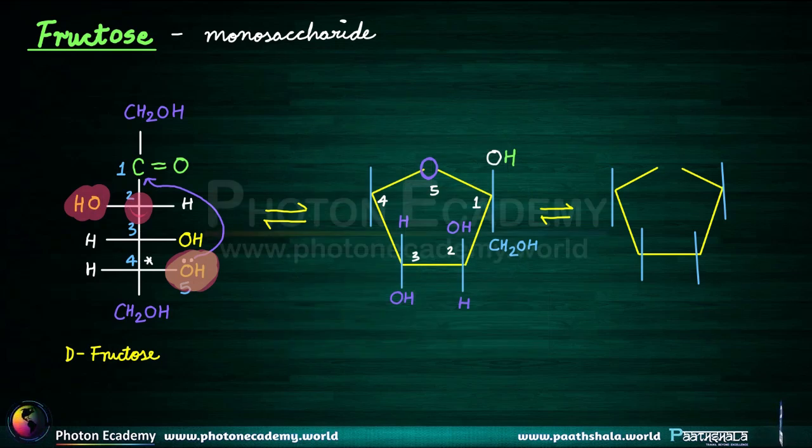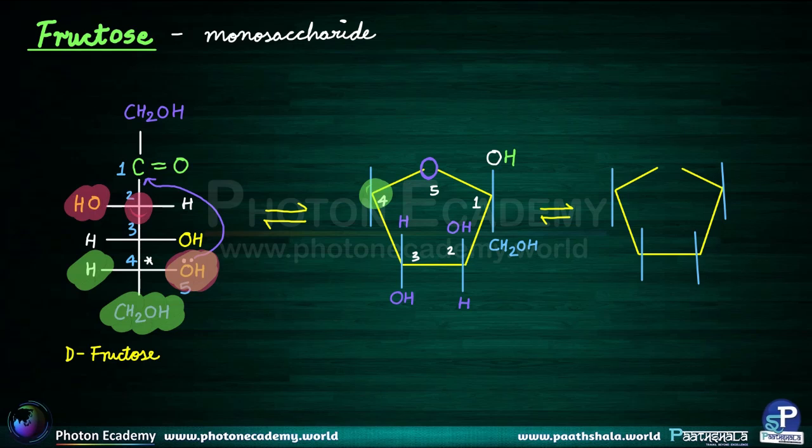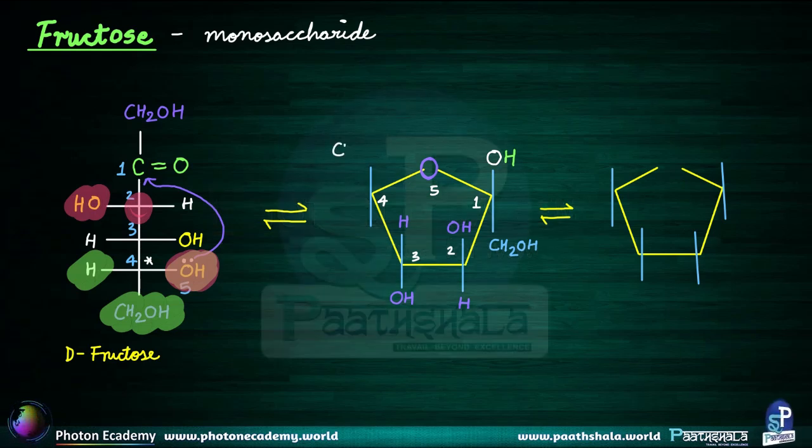One is the CH2OH and one is the H group at the fourth one. Okay, so what we're going to do is that we're going to place CH2OH group at trans to this previous OH, so hindrance is less, and we have got a CH2OH group here and H is accompanied here.